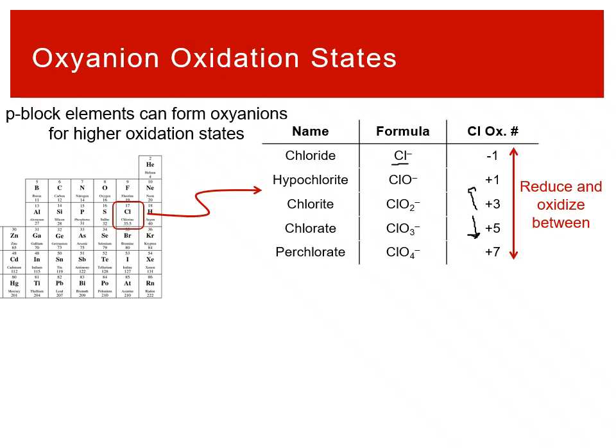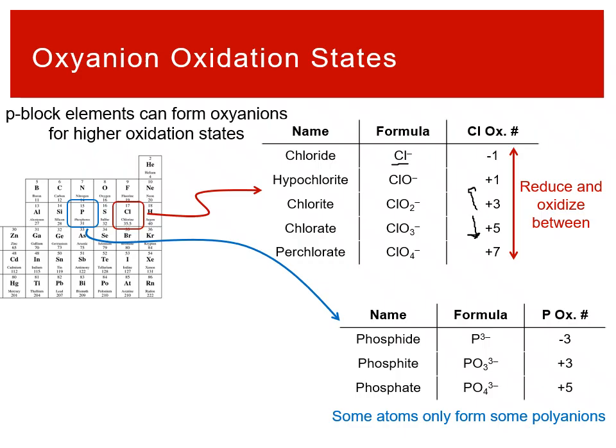Chlorine is the case where you have tons of options. Something like phosphorus, you can still form phosphide, and you can form phosphite and phosphate. There is no PO2 polyatomic ion, but instead just PO3 3- or PO4 3-. So there is still some flexibility, but not infinite flexibility.